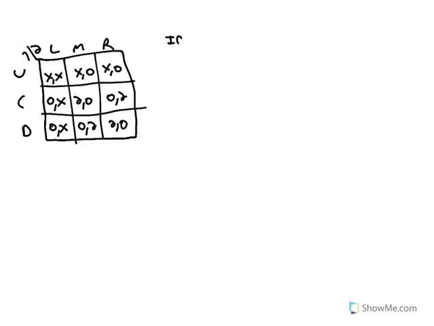Well, if x is less than 0, right? If x is less than 0, then U and L are dominated. So if that's a negative number, for example, M dominates L if x is negative. So U and L are dominated.